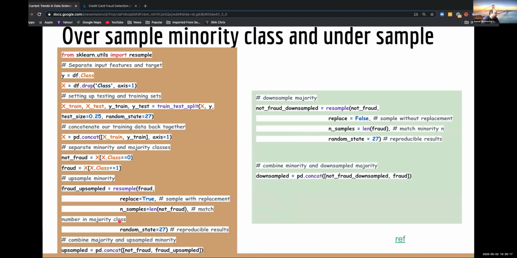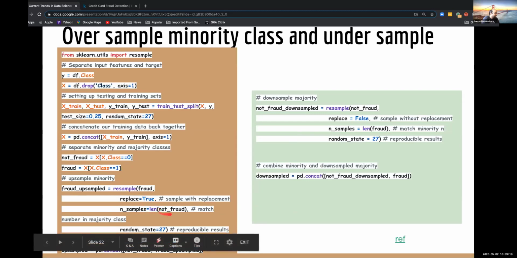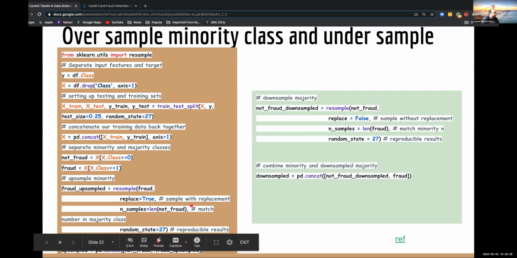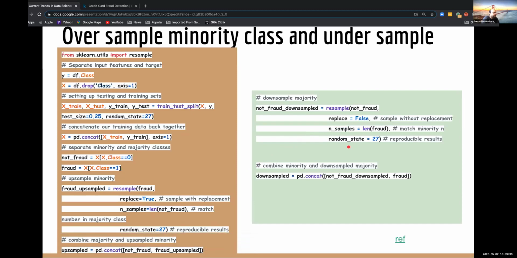For upsampling, we are sampling with replacement. Or we can downsample the majority class, which is similar, but it's sampling without replacement.